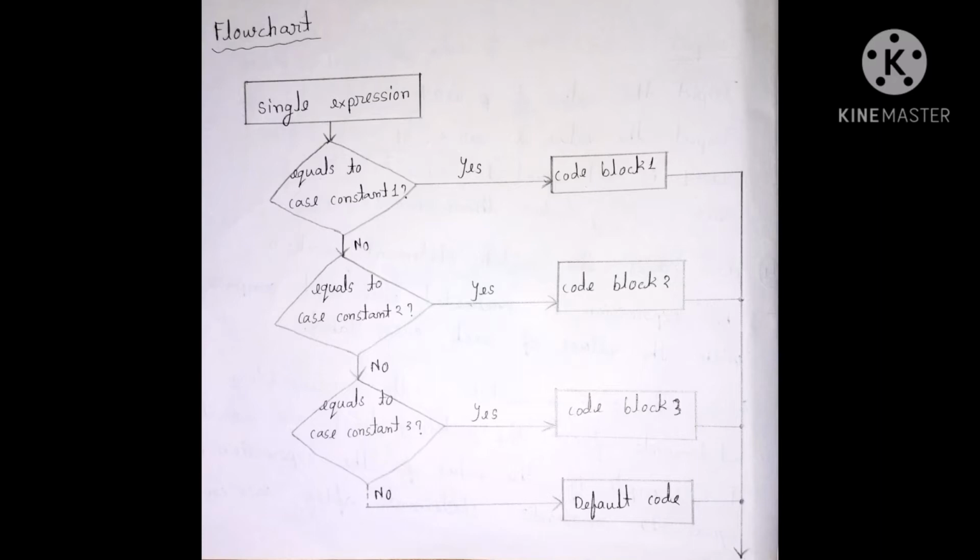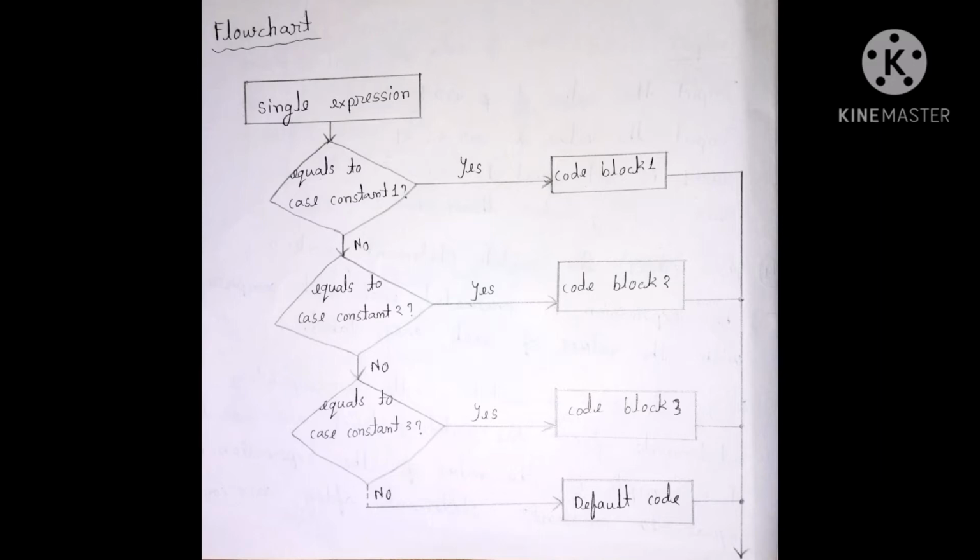So here is the flow chart of switch statement. At first, here will be the single expression. It will check the case constant 1 is equal with the single expression or not. If yes means it will execute the code block 1. No means it will check whether the case constant 2 is equal with the single expression.